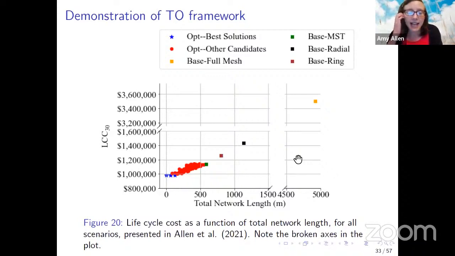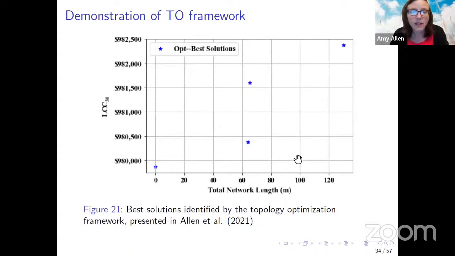Thus, this case would probably not be considered as a practical scenario, but it represents one of the extremes, so to speak, of network connectivity, with the base case at the other extreme being a minimal spanning tree network connecting all of the considered buildings, which is shown with a green square, which has a lower life cycle cost, but a still higher cost than that of the optimal solutions identified by the framework.